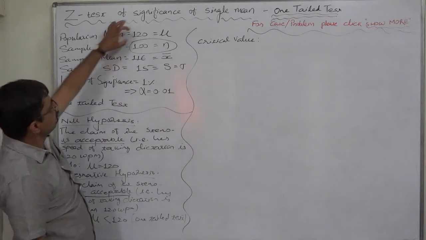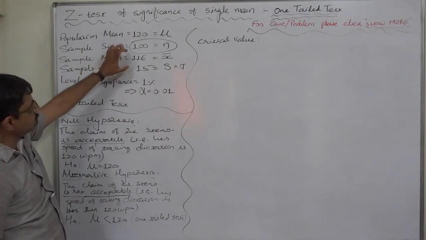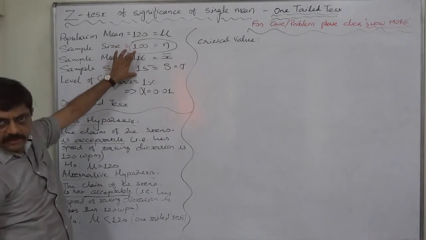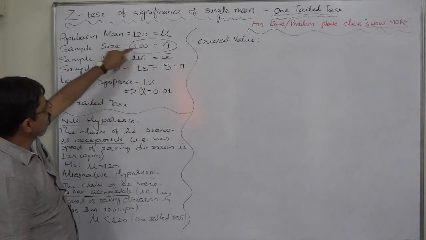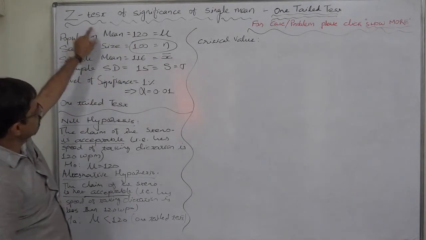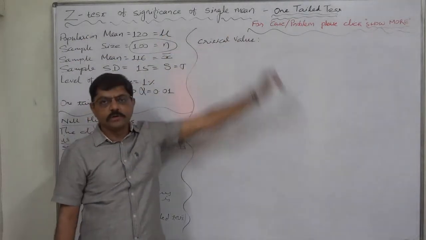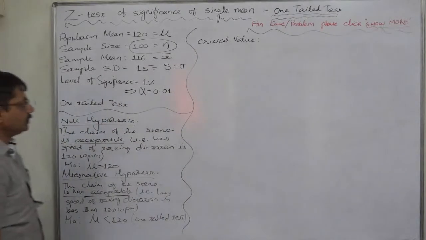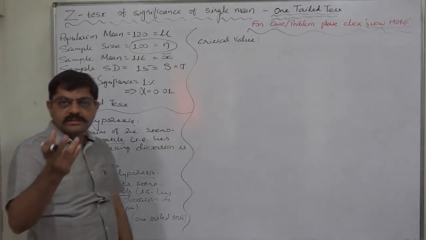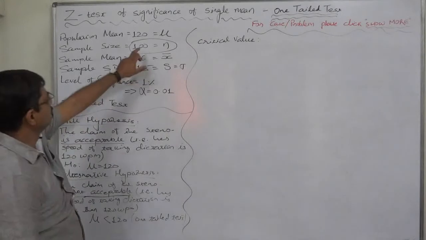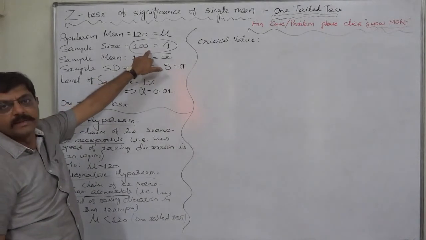And only one population, that means only one sample, that means only one mean. So, because of sample size, it becomes a Z test. Because of the kind of data, it becomes a test of single mean. So, this is not a T test, this is a Z test.